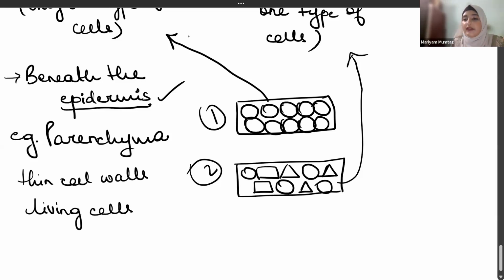Whenever I say living, you have to understand that protoplasm or cytoplasm is present. Whenever I say dead cells, they won't have protoplasm or cytoplasm. Is it clear? What is the meaning of living cells?